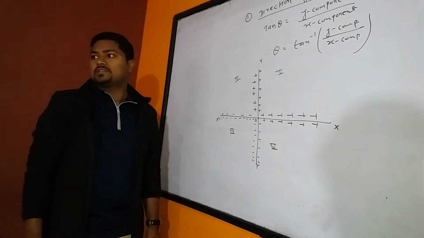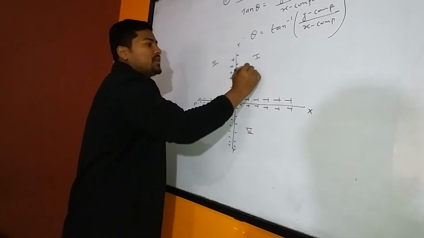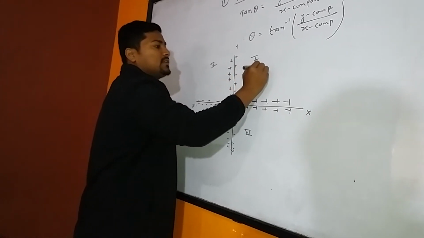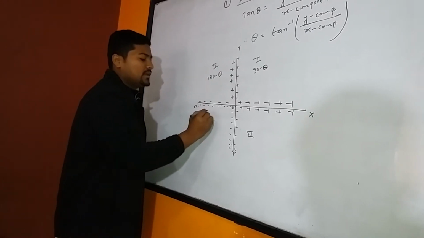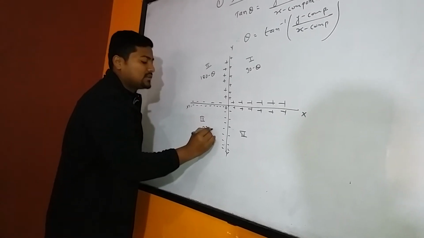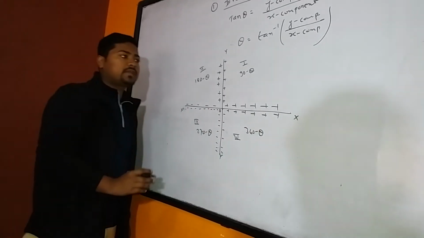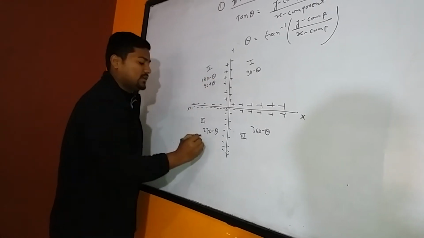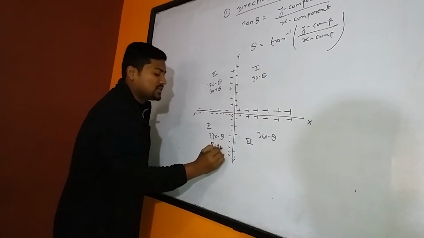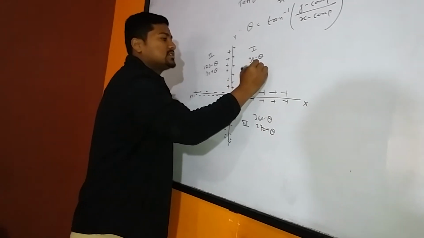That also we have to understand. First, second, third, fourth. First quadrant means, as all of you know, 90 minus theta. This is 180 minus theta, here is 270 minus theta, here is 360 minus theta. If you do plus, then here is 90 plus theta, 180 plus theta, 270 plus theta, and 360 plus theta.